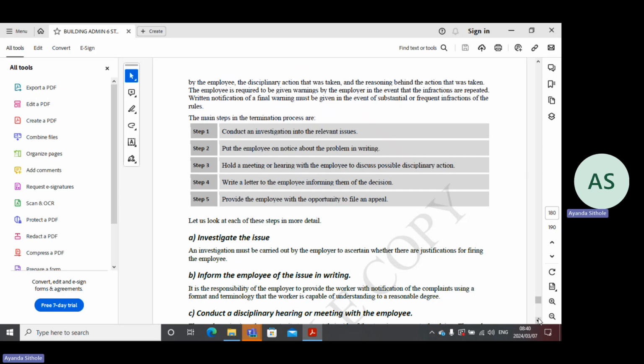Step number 2, put the employee on notice about the problem in writing. Hold a meeting or hearing with the employee to discuss possible disciplinary actions. Write a letter to the employee informing them of the decision. Provide the employee with the opportunity to file an appeal.